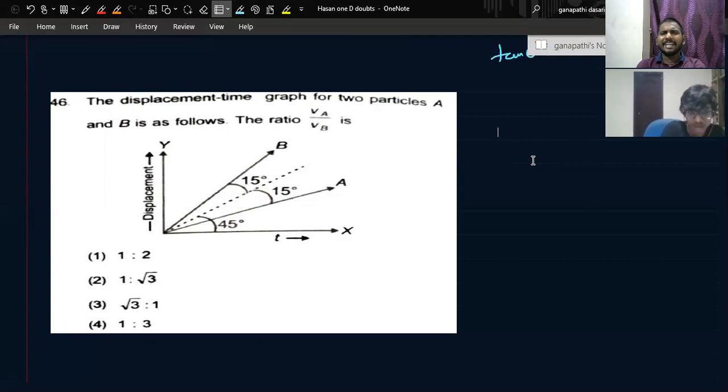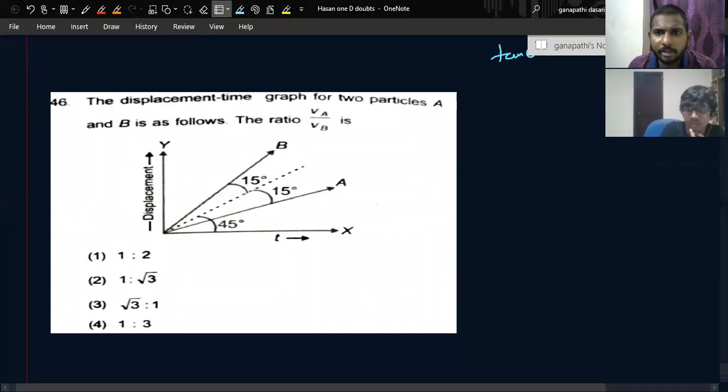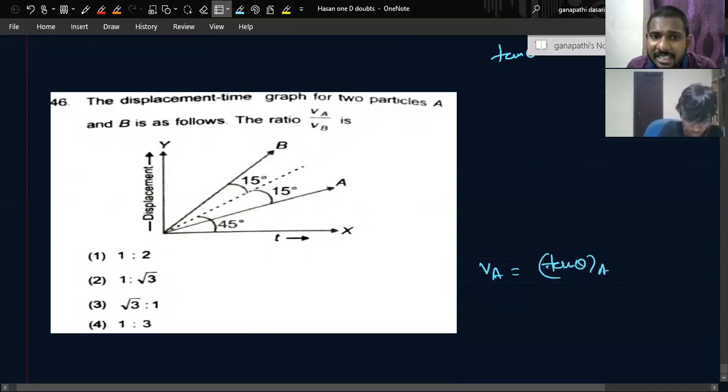This is nothing but you can take it as an x-t graph, displacement versus time graph. How did you solve this? You solved as VA is nothing but the slope of graph A, that is tan theta of graph A. Displacement time graph for A is a straight line, and for B is also a straight line.